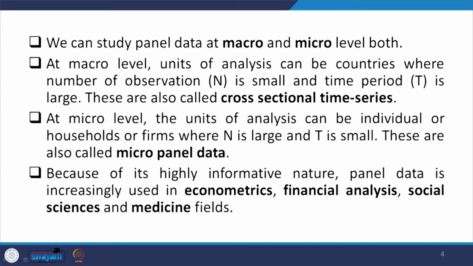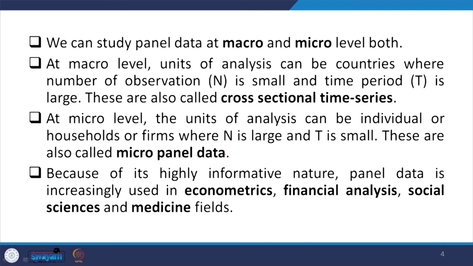So, we can study panel data at macro as well as micro level units. Now, at macro level, generally in the aggregate sense, units of analysis can be countries where the number of observations, that is n, is small and the time period is large. That is called macro panel data.